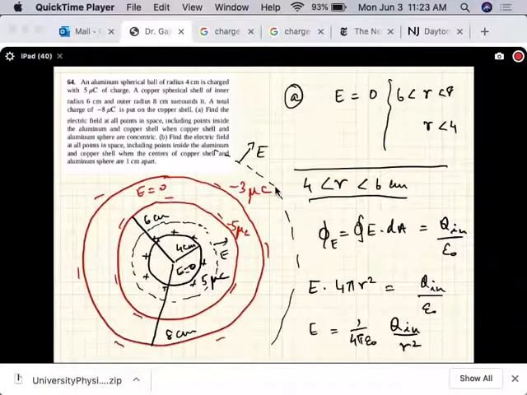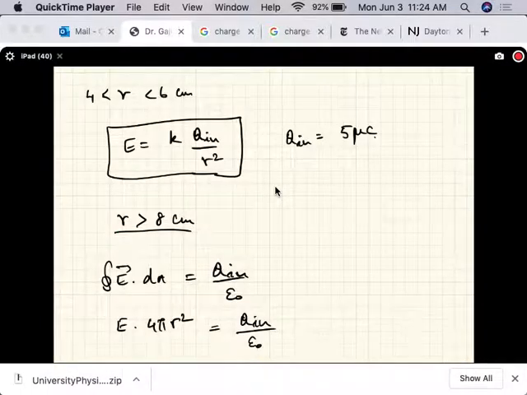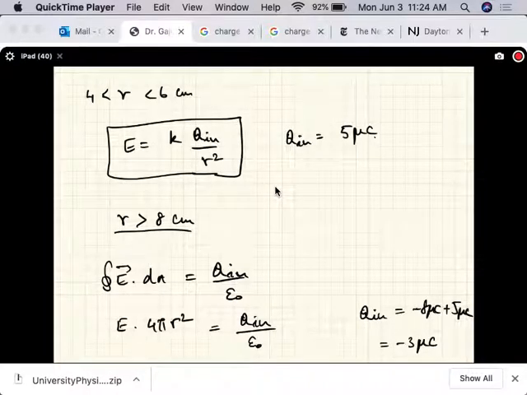And now what is the charge inside this Gaussian surface? It's minus 8 microcoulomb plus 5 microcoulombs, minus 3 microcoulombs. So the charge inside is minus 8 microcoulomb plus 5 microcoulomb minus 3 microcoulomb.